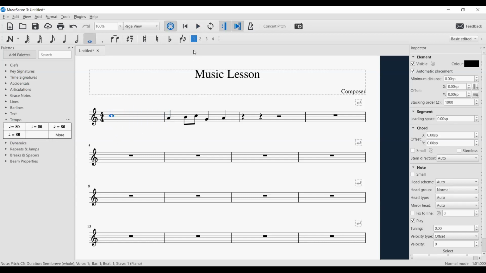So if I count 1 2 3 4, 1 2 3 4, I need to reduce the tempo. 1 2 3 4, 1 2 3 4, 1 2 3 4. If you notice, this was completed, and I'm talking about the duration now, in 4 beats. This as well. Even if we have all these notes, they're still completed in 4 beats.